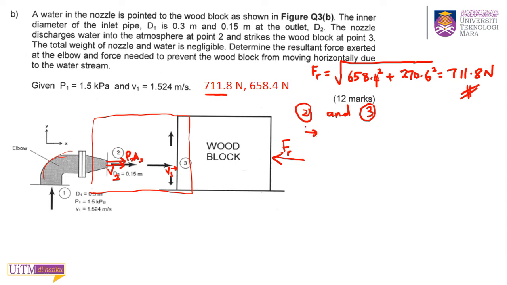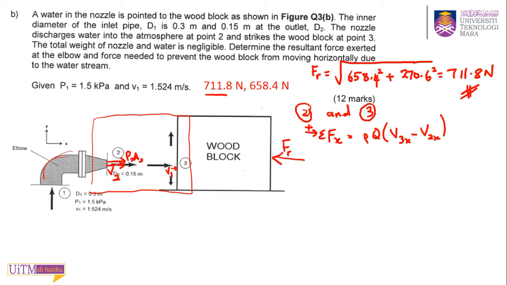Okay, take to the right as positive. It is equal to rho times Q times V3x minus V2x. So that's why I label V3, because you have to take the component of velocity V3 and V2 in x direction.